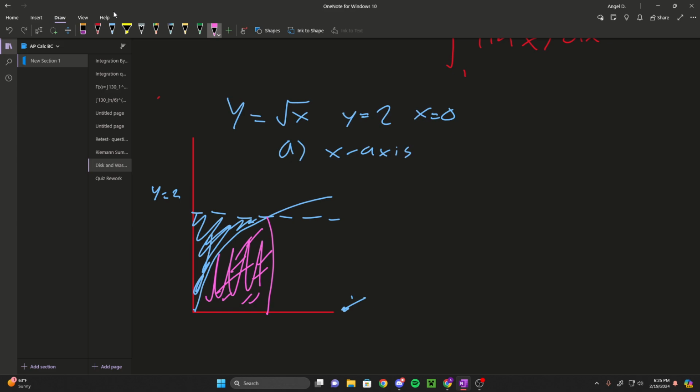We're going to count that as empty space. When we rotate it around the x-axis, the shape we get is almost like a bowl. Let's see if I can accurately draw this. And I'm going to use pink here to demonstrate that area that's gone.